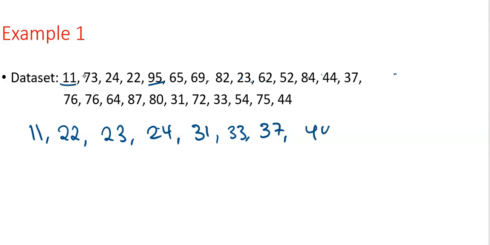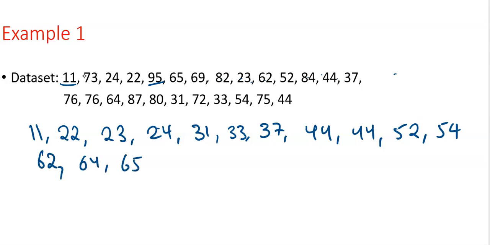I don't think there is any left in the 30s either, so we move to the 40s. There is 44, two of those. And then in the 50s we have 52 and 54. In the 60s we have 62, 64, 65, 69.